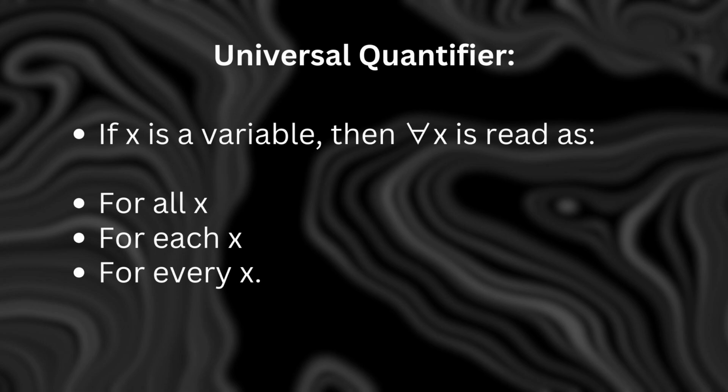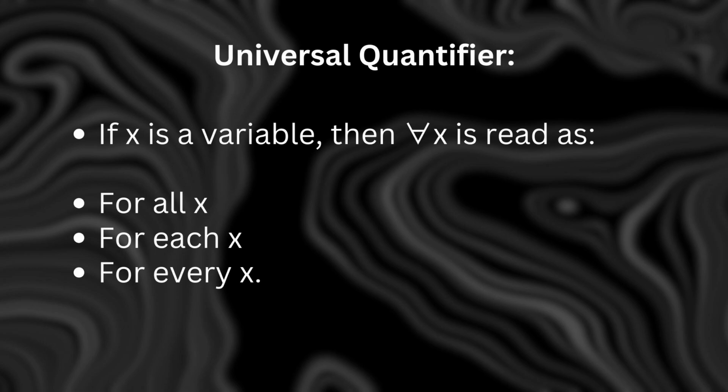If x is a variable, then the universal quantifier for all x can be read as for all x, for each x, for every x. For all x indicates that the statement holds true for every individual x in the domain.